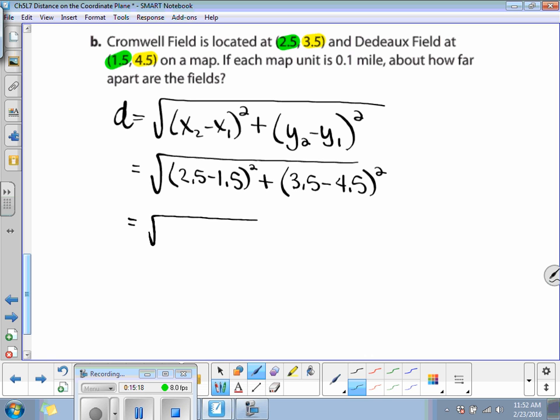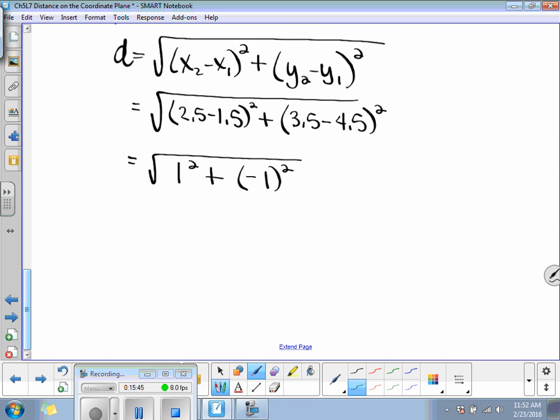So that is equal to 2.5 minus 1.5, of course, is 1, right? So that's 1 squared plus 3.5 minus 4.5 is negative 1 squared, right? Negative 1 squared. And now we'll just simplify that to get our distance.